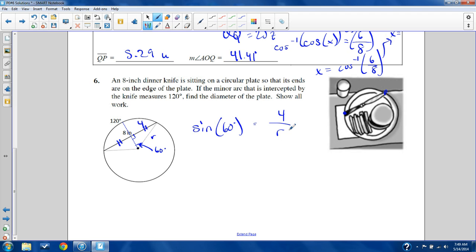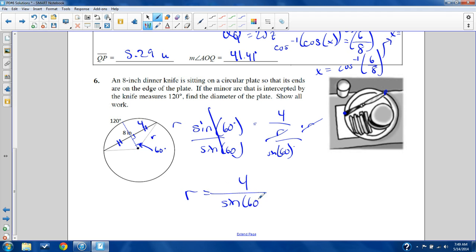We need to find this radius here. Multiply both sides by r. The r's cancel here. Divide both sides by sine of 60. This is one of those math tricks where these cancel. You're going to get r equals 4 over the sine of 60 degrees.